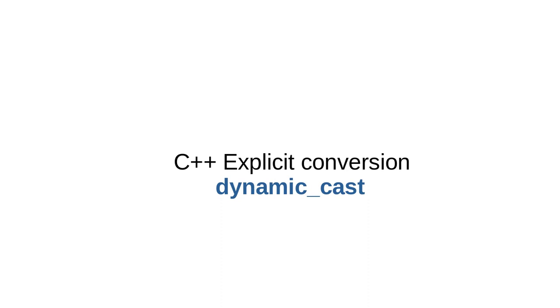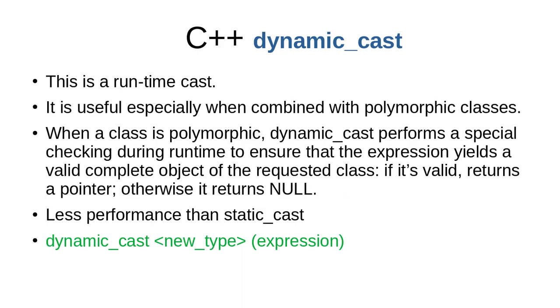The other type of explicit conversion is dynamic cast. This is a runtime cast. It's not happening at compilation time like the static cast. It happens during runtime. It is useful especially when combined with polymorphic classes.